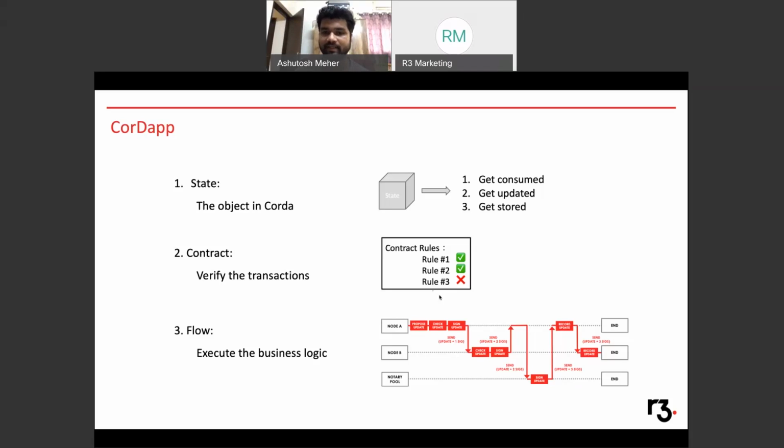So every asset must know, when there is a transaction involving that asset, what business rules need to be validated for the transaction to go through. Every state must be tagged with a contract. That contract will define the business rules for the evolution of that state. A transaction is said to be valid only when all the rules in your contract have been verified.